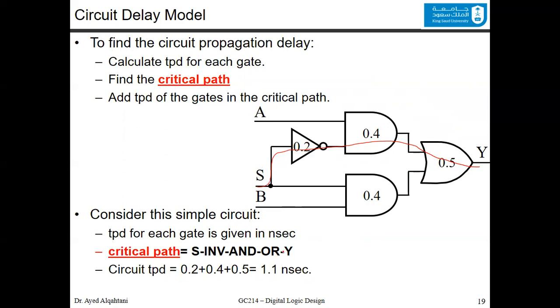This is your critical path, and the circuit propagation time is now 0.2 plus 0.4 plus 0.5. This will give you the 1.1 nanosecond propagation delay for this circuit. So when you try to find the circuit delay, it is very important to first identify the critical path and then find the propagation delay.